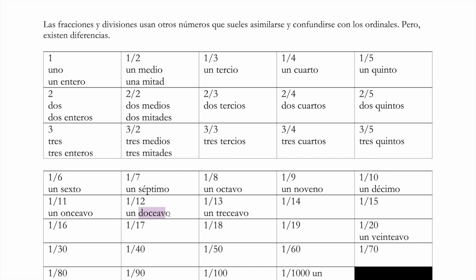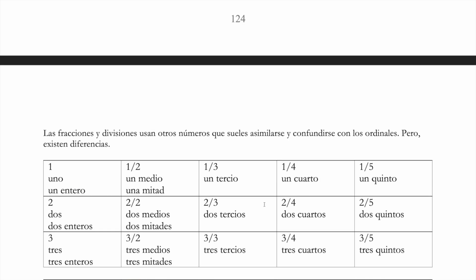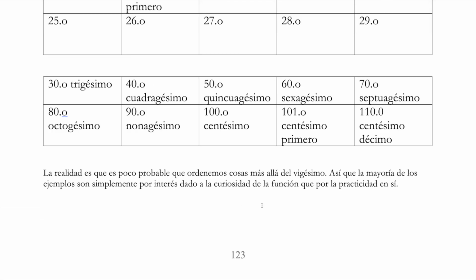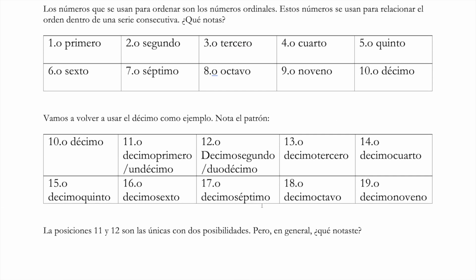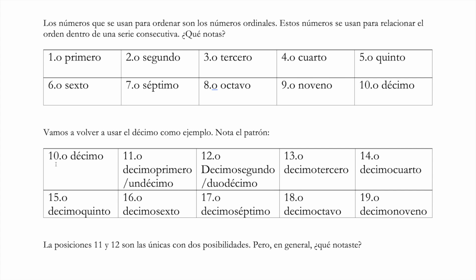Or they'll say doceavo instead of décimo segundo. Because these are different words. You have the suffix here, avo, which makes it the fraction. So that's something to keep in mind, but we'll cover those in a bit. Let me just go back to these. So again, going to positions, everything up to 10th is pretty straightforward, and then 11 to 19 as far as positions.